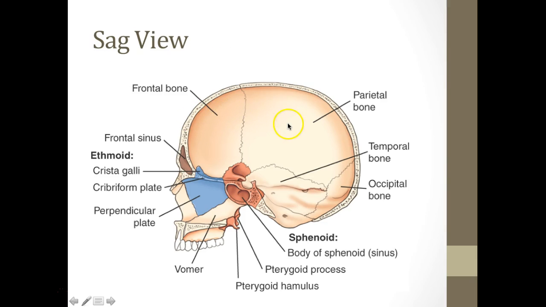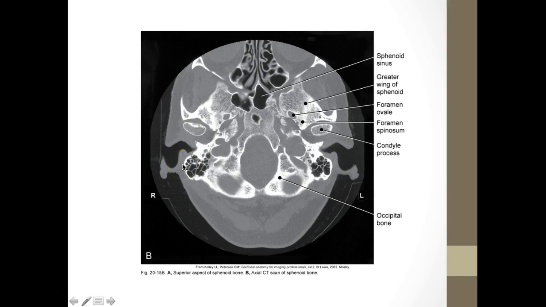So frontal, parietal, temporal, occipital, sphenoid sinus here, and we have your body of the sphenoid sinus. You have your pterygoid process, and you have your hamulus coming off here. This is your vomer. It's a facial bone. We'll study that later. Here's your perpendicular plate of your ethmoid bone. Here is your cribriform plate with your crista galli sticking up right there, and here's your frontal sinus.